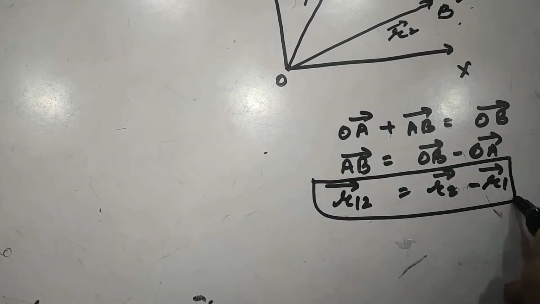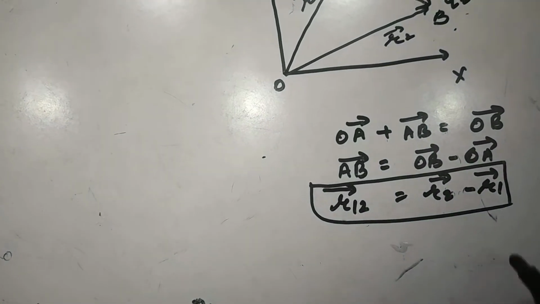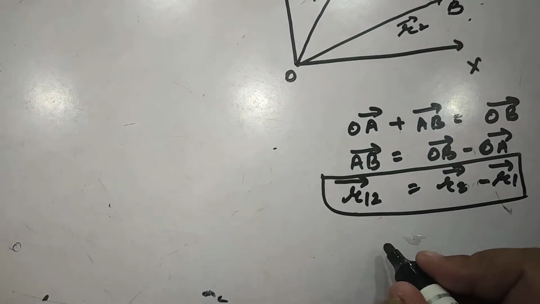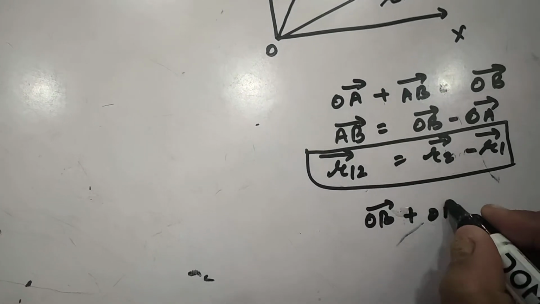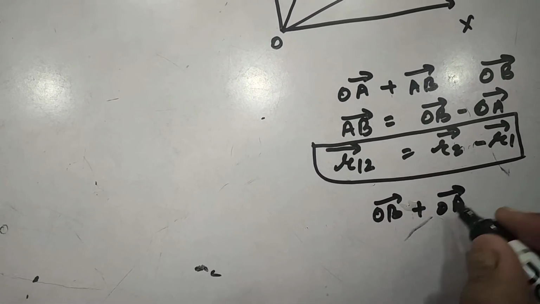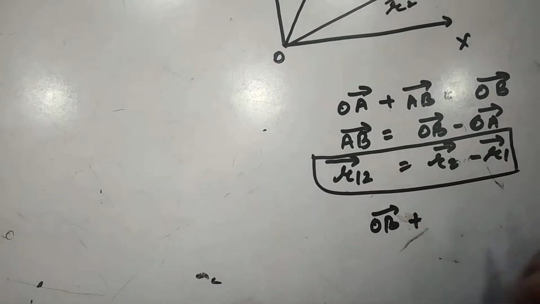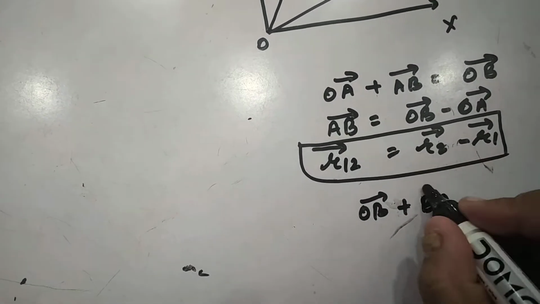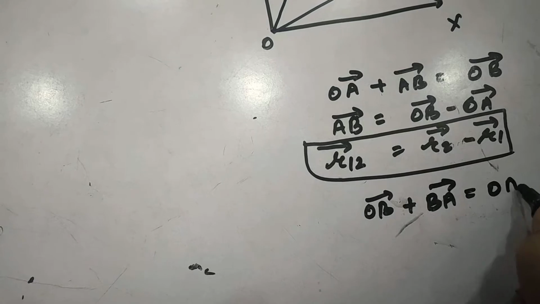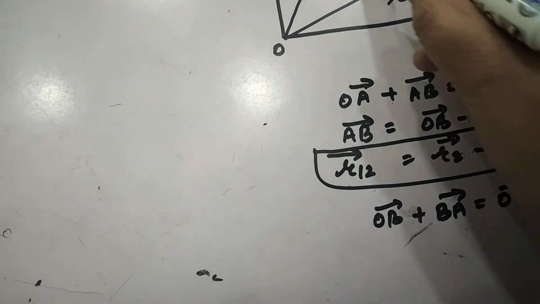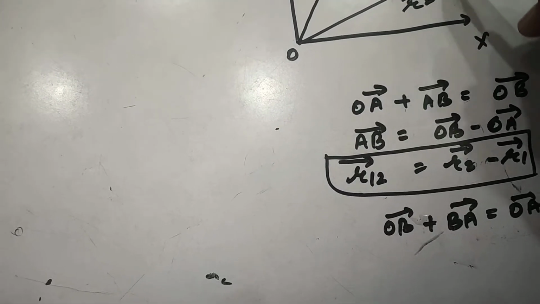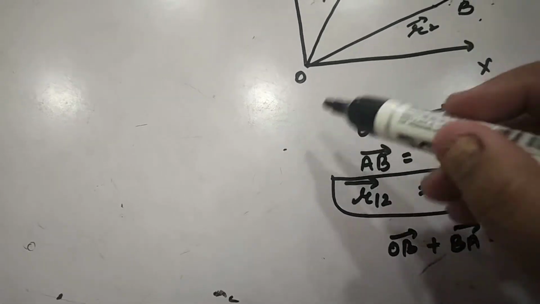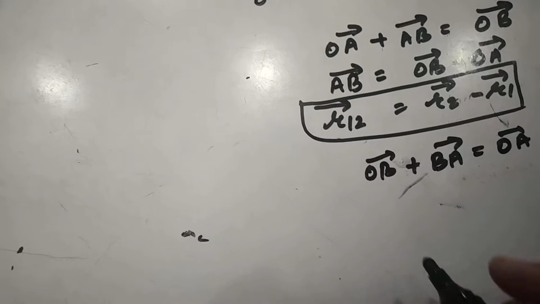Similarly, if we move from Q2 to Q1, B to A, in that case OB vector plus BA vector is equal to OA vector, because we are moving from here to here and the resultant is represented by OA vector.